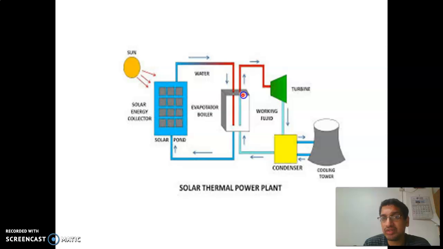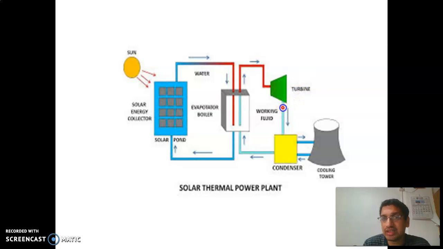So the output from the boiler is the steam energy, and this steam energy is supplied to the turbine. In the turbine, the steam energy is converted to mechanical energy, and by using a common shaft we connect a generator and run the generator to produce electricity.